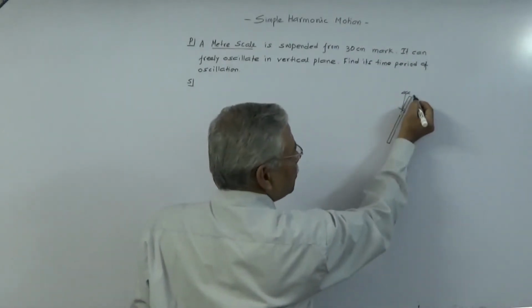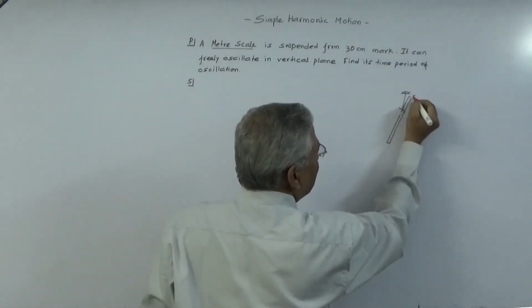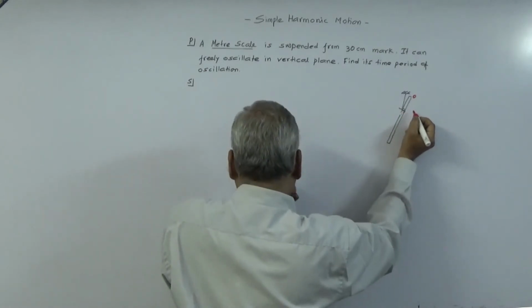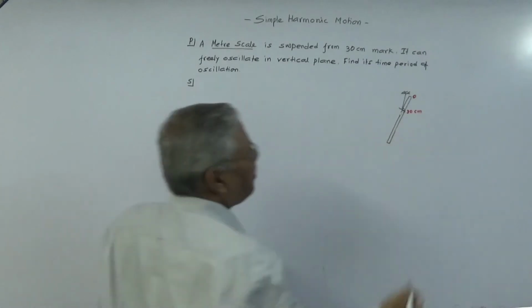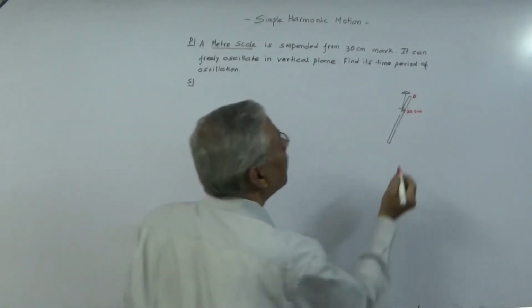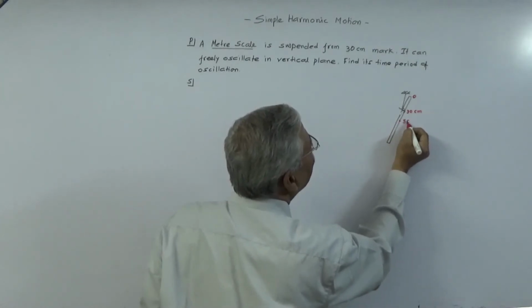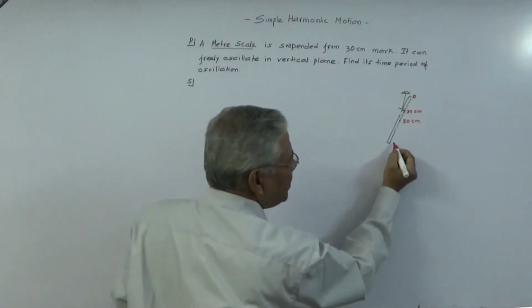This point is 0, this is 30 centimeter, then this is 50 centimeter, this is 100 centimeter.